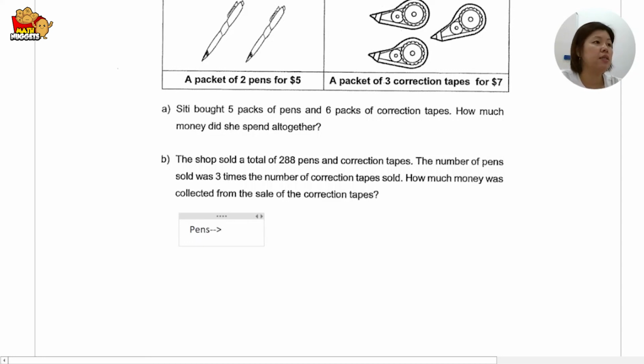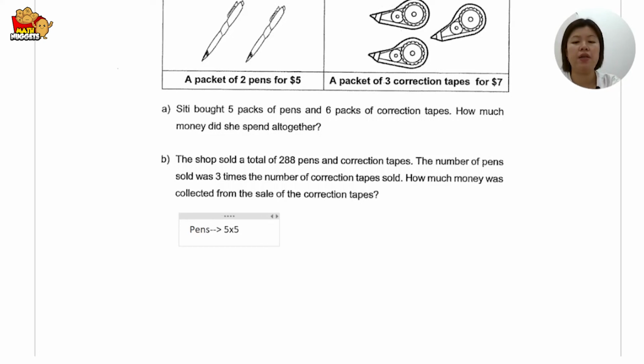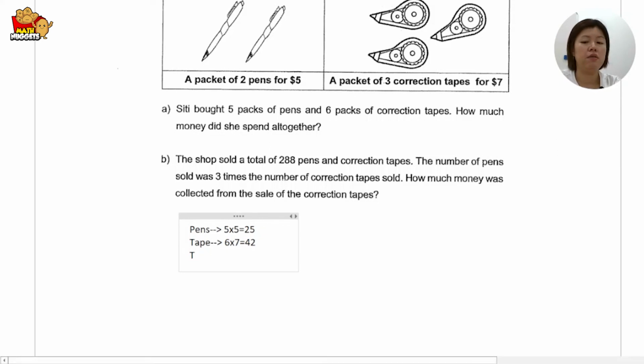So pens is 5 packs. 1 packet is $5, so it's 5 times 5 equal 25. Correction tape, okay, I just put tape. 1 packet is $7, so she bought 6 of them, so 6 times 7, 42. Total will be 42 plus 25 equals to $67. Let me put the dollar sign.